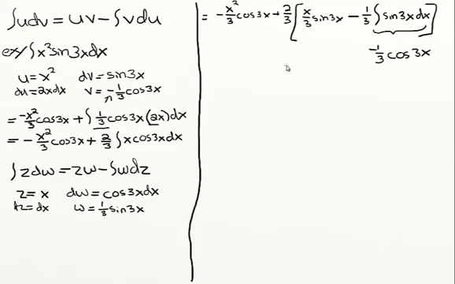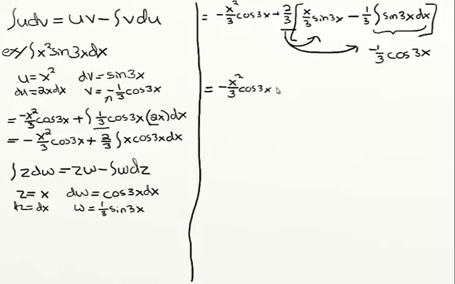And now we're going to rewrite this all out in a nicer form. So we have this negative x squared over 3, then a cosine of 3x. Then this 2/3 here is going to get distributed to each term.